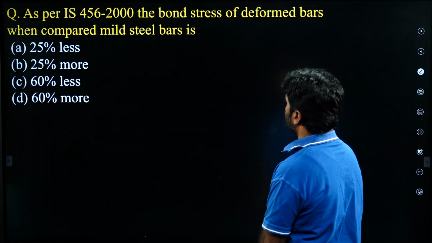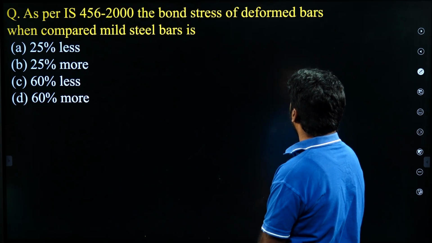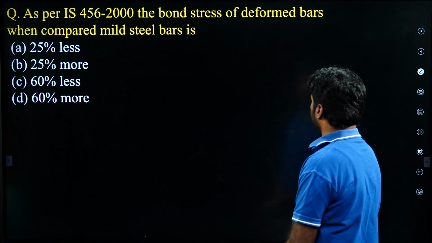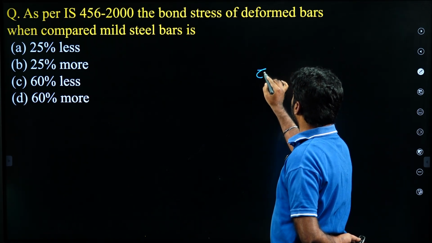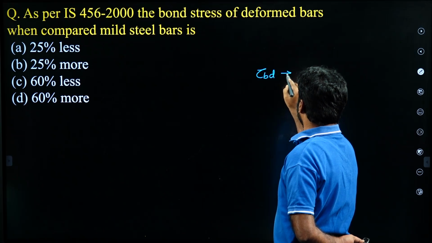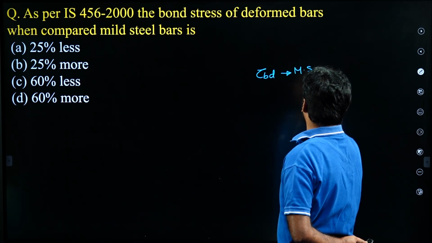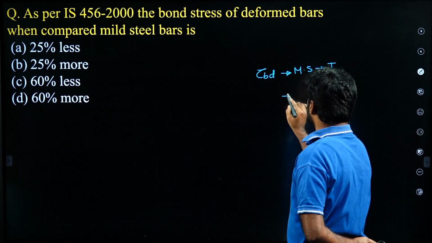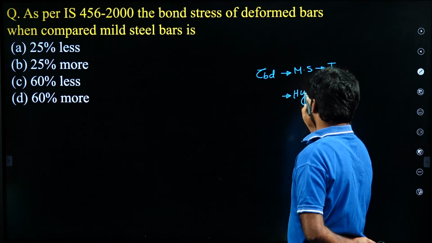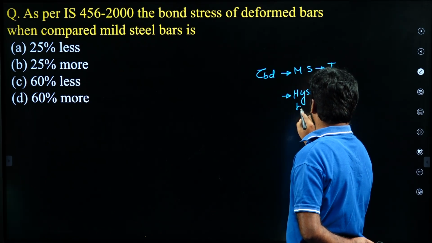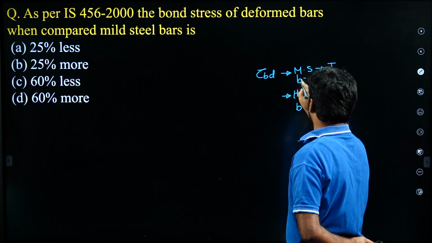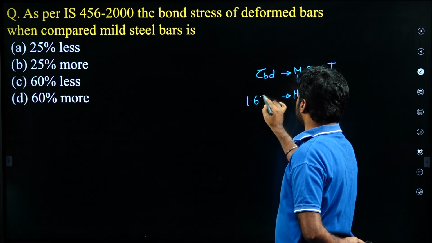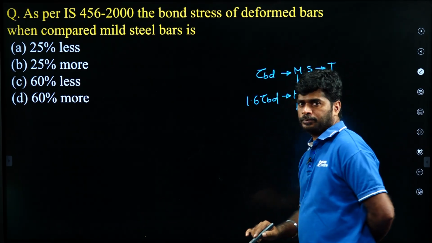As per IS 456-2000, the bond stress of deformed bars compared to mild steel bars. Take tau BD for mild steel in the tension zone. If you use an HYSD bar instead of a mild steel bar in the same tension zone, the bond stress is 60% higher.